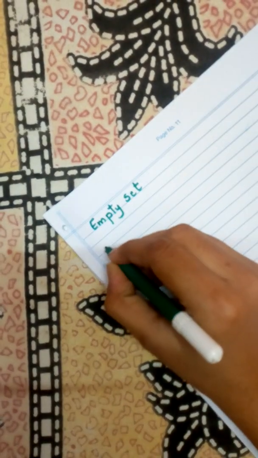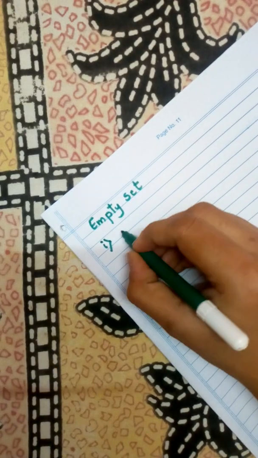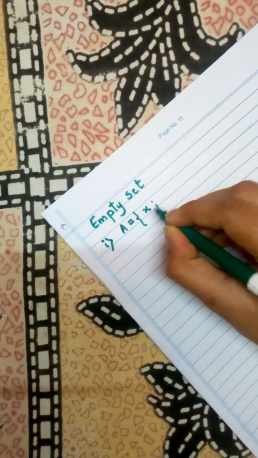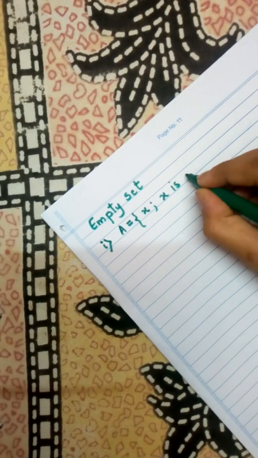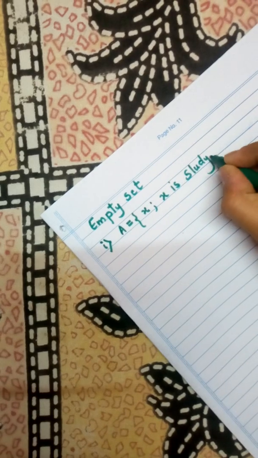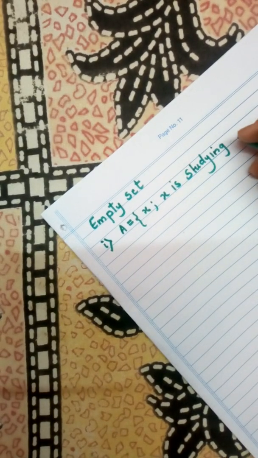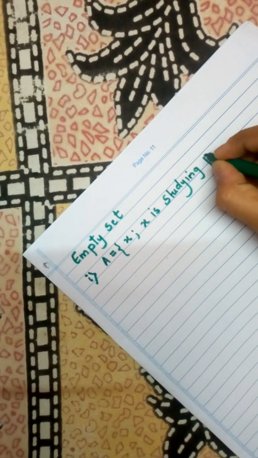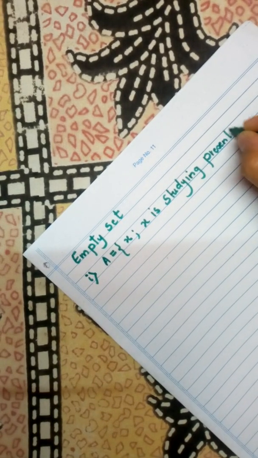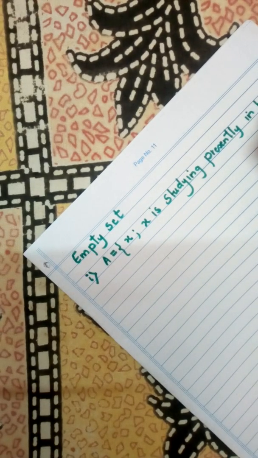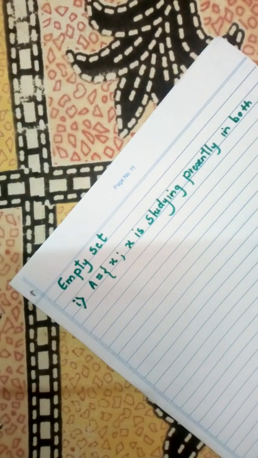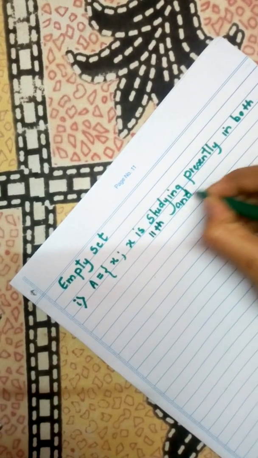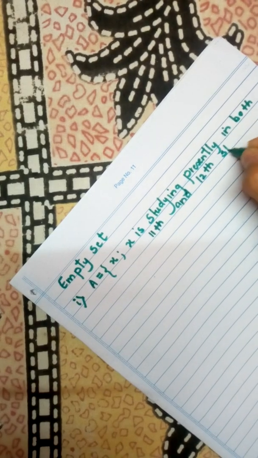One example could be A equal to {x such that x is studying presently in both 11th and 12th standard}.